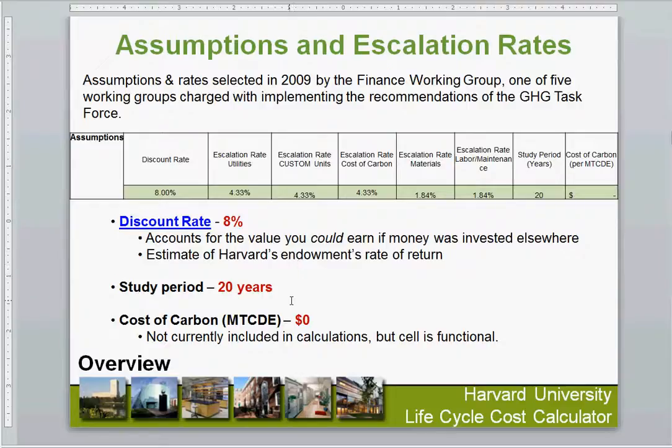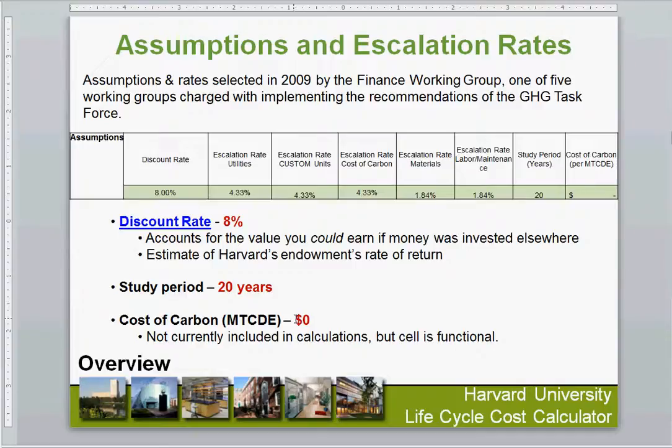Our study period is 20 years. That's fixed for this calculator. It can't be changed. Right now, we also carry a cost of carbon per metric ton of carbon dioxide equivalent. We currently have a value of $0. So this is really a placeholder where if we ever had carbon taxation or a carbon trading market where Harvard started taking advantage of those things, or if we started buying carbon offsets for anything we weren't able to reduce in actual emissions, there would be a cost associated with that.